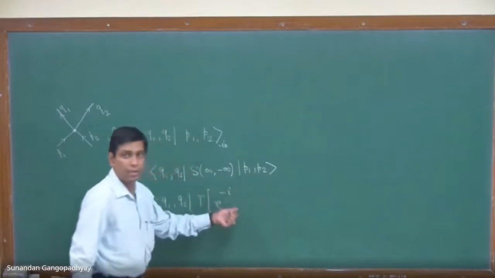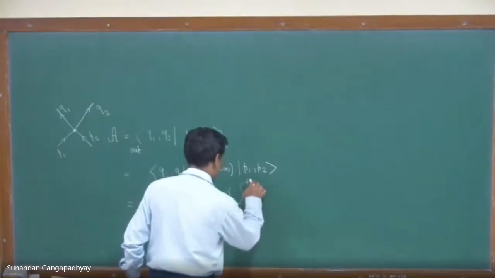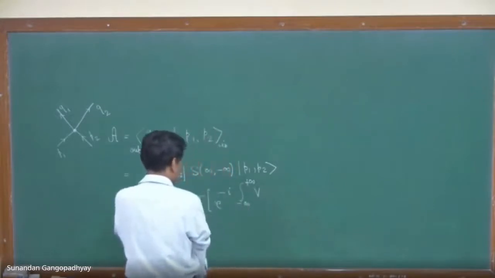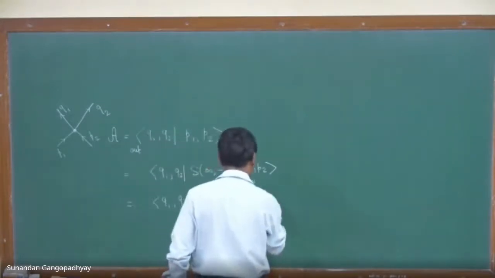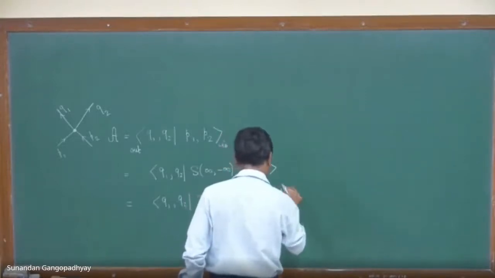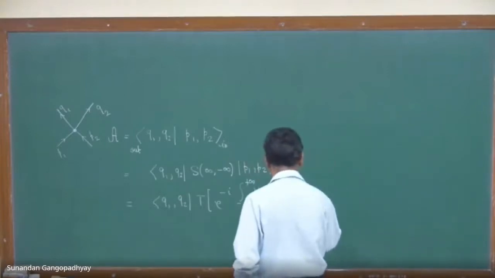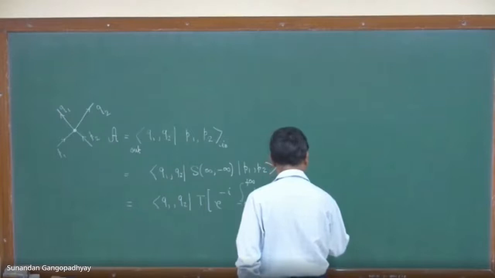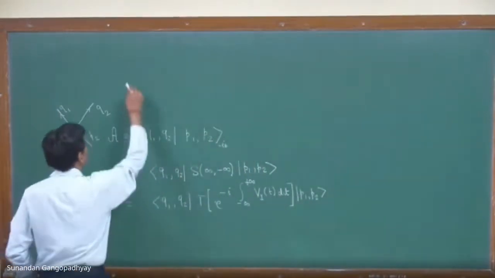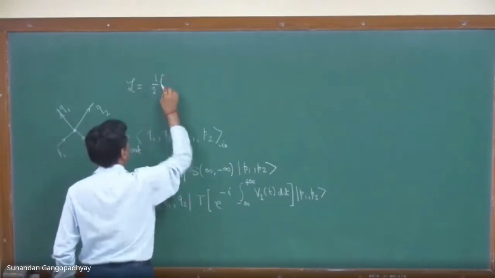If we work in natural units, so h bar is equal to 1, we have this, and let me write down the Lagrangian density of the theory.